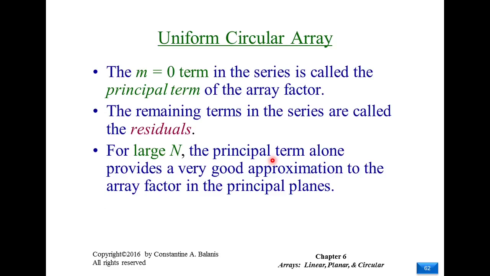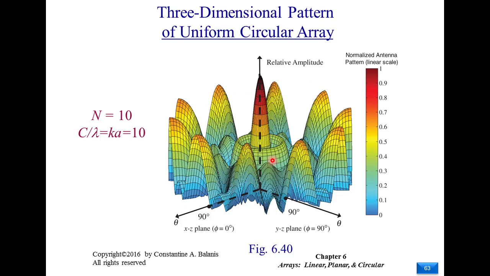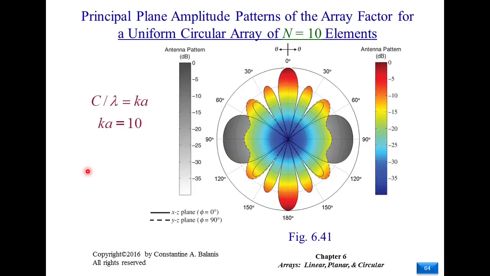Again here, this is sort of putting rules and names for uniform circular array. Again, this is for your information. If we need to derive this, we can just go to the basic expression and derive it. And here we have one case for a uniform circular array with n equal 10, and so on, just to have a feeling for how the array factor pattern would look like.